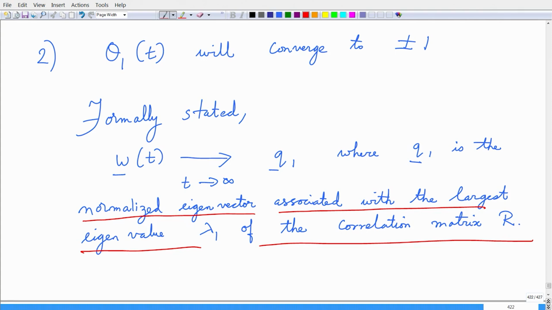Input is a vector which is the presynaptic input, and y of n, which is the output, was a scalar, and it was the post synaptic output, right. So, this simple update upon normalization, the weight vector converges to the normalized eigenvector associated with the largest eigenvalue within the data correlation matrix.